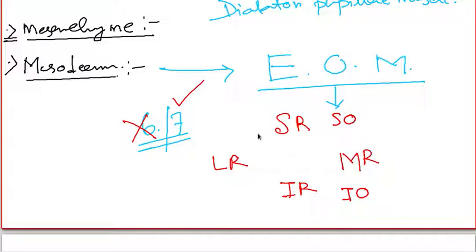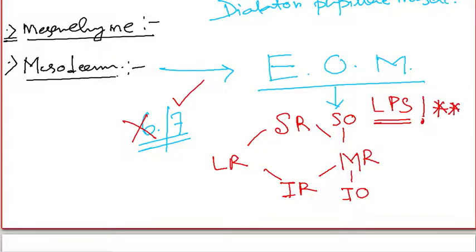So these complete the 6 muscles. But there is another muscle, the levator palpebrae superioris, very important. So these are the 7 extraocular muscles which are derived from the mesoderm.